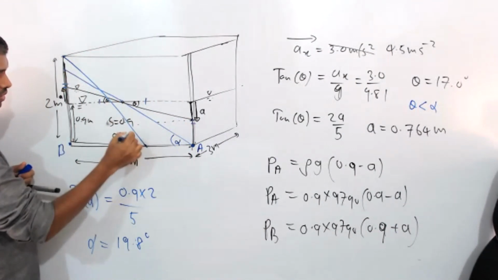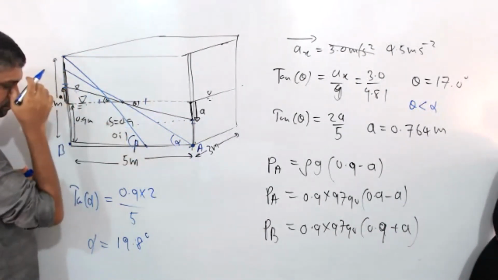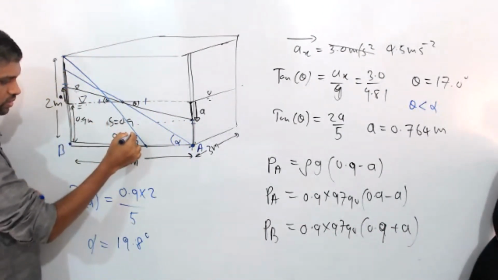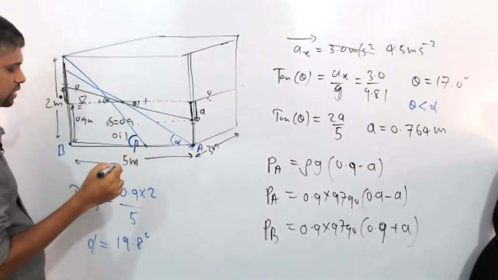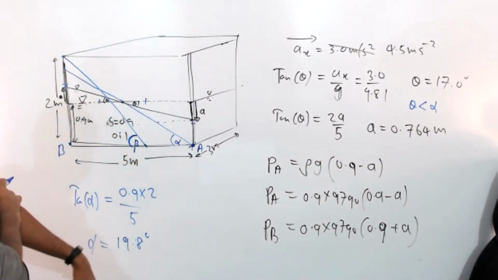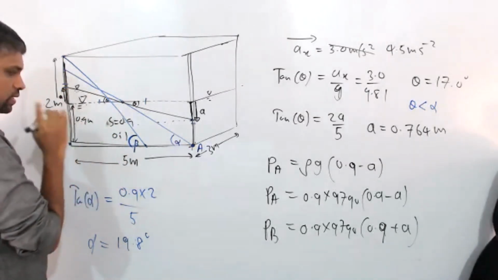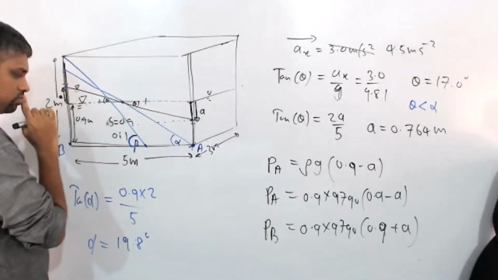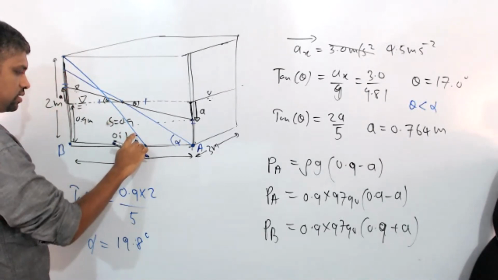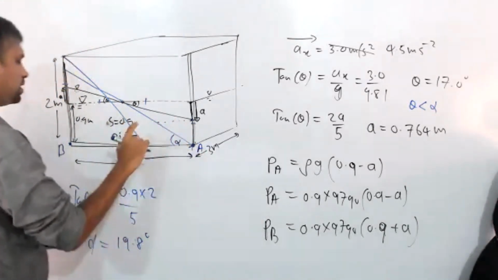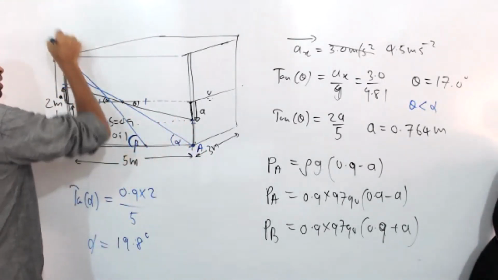Let's say this angle is beta. At this instant, this is the limiting instant. This is the place where water starts to spill out.